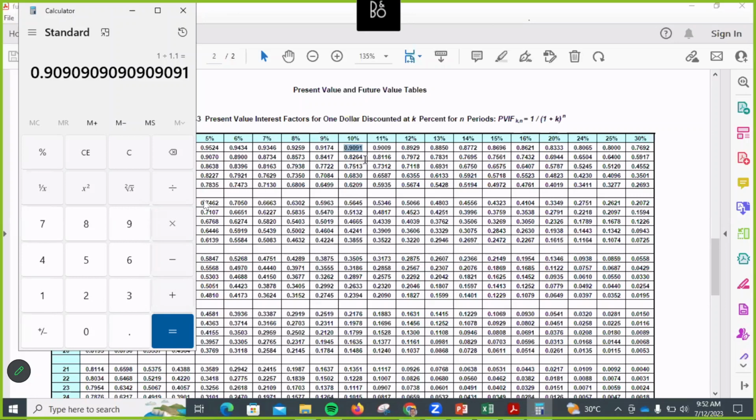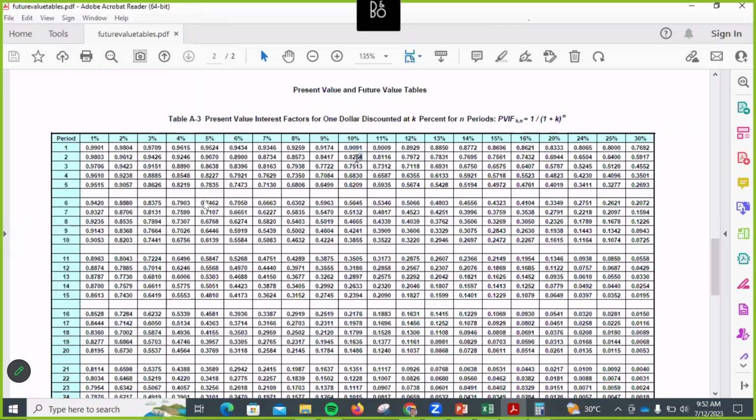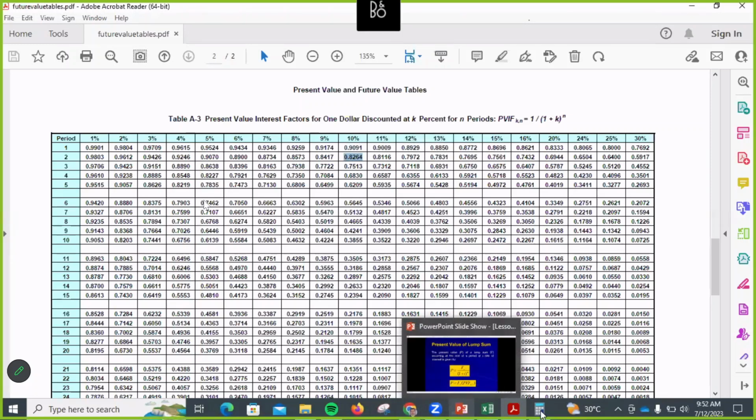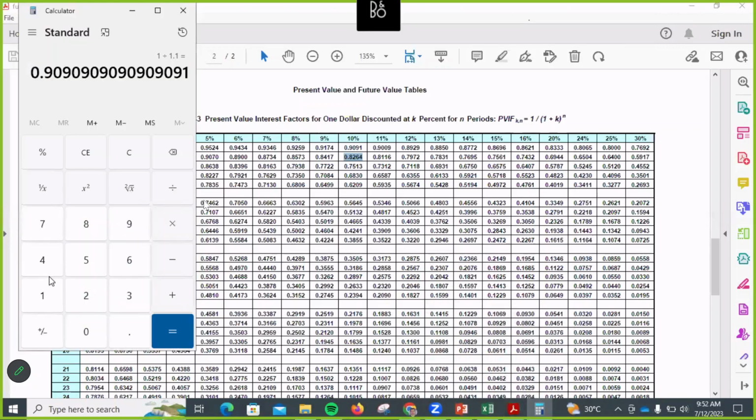And if you go to the second calculation, you can apply the rule that is 1 over 1 plus i, power to n.